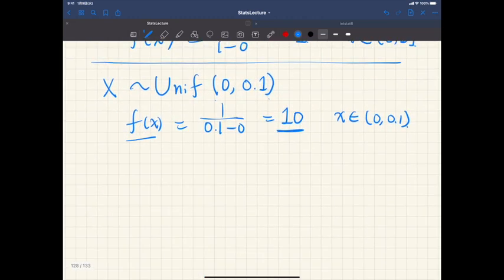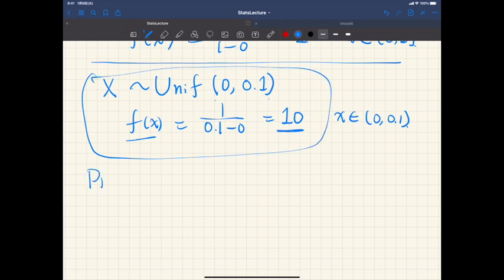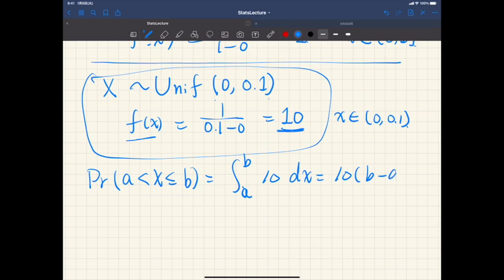For example, in this case, let's suppose this uniform distribution. Then the probability that this random variable x is between some numbers a and b is given by this integral from a to b of 10, which is just 10 times b minus a.